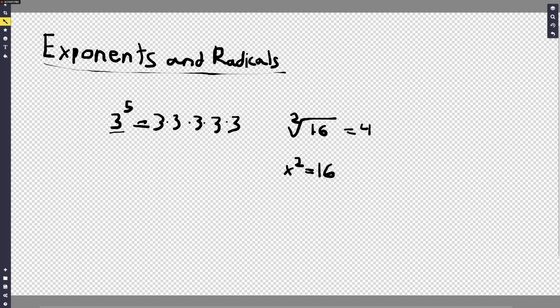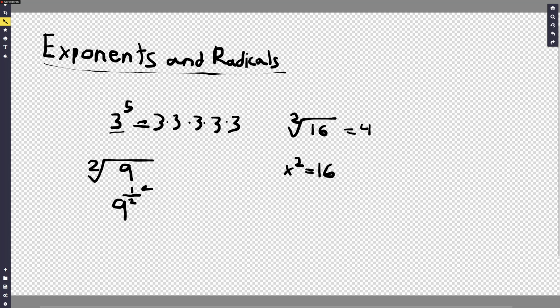So I want to tell you another way that you can write radicals. So if we were to have the square root of 9, we can rewrite this as 9 to the power of 1/2. And you may be wondering, okay, why 1/2? So there's a few important things about why it's written 1/2.